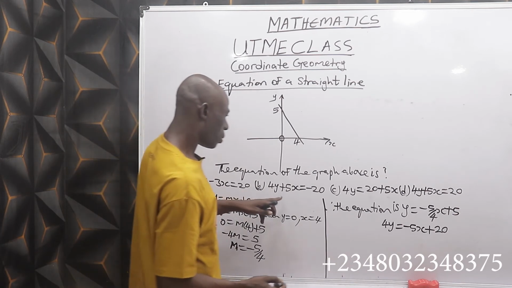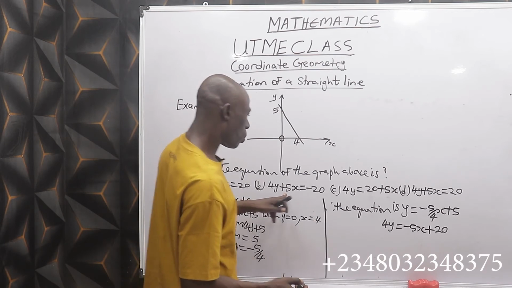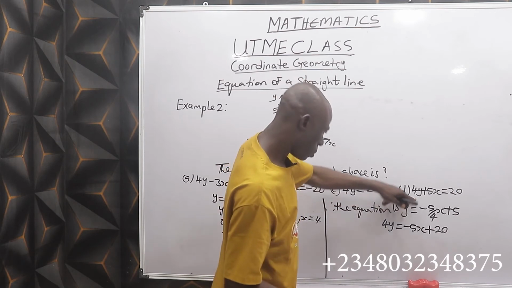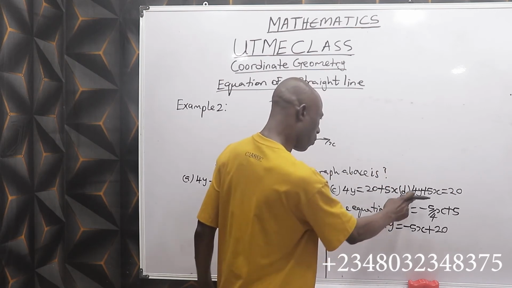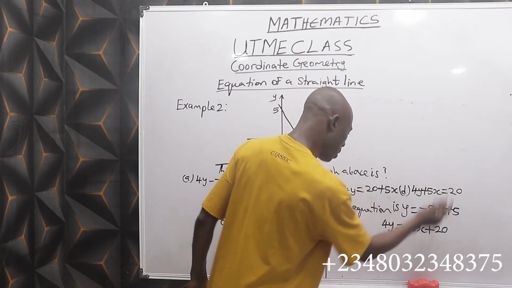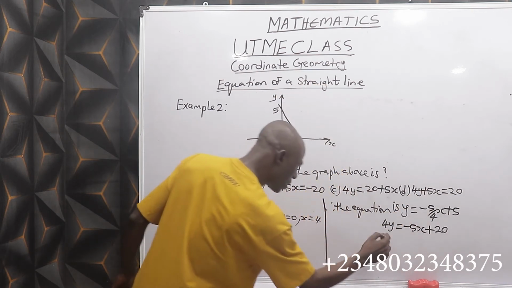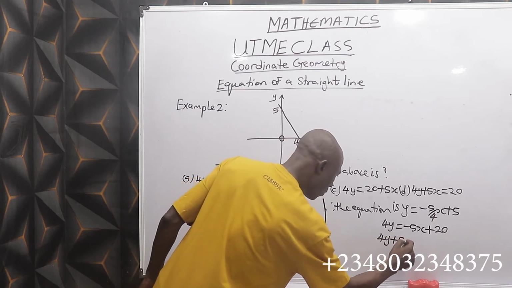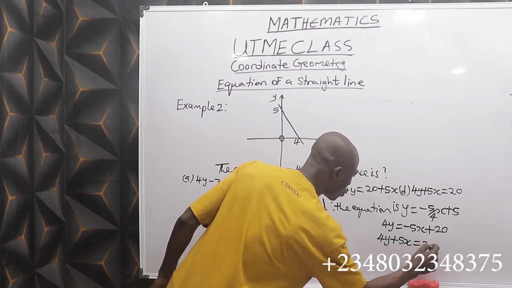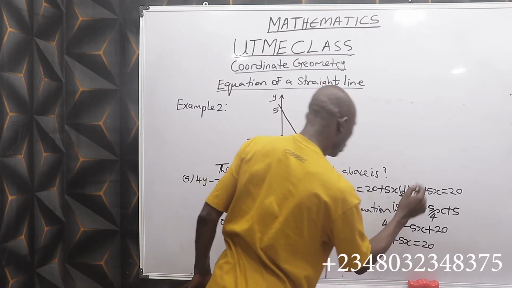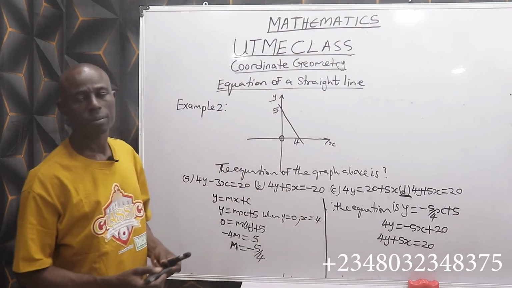No. No. No. I think yes. 4y plus 5x equals 20. That is, if we bring this to this side, 4y, bring this here, it will become plus 5x equals 20. That tallies with option D. So option D is the correct answer.